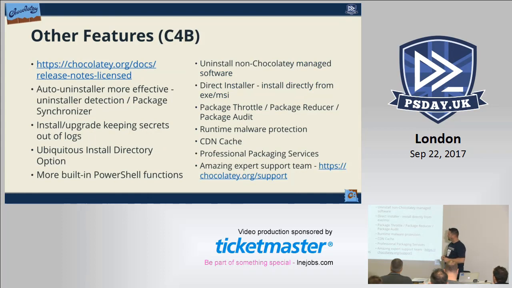We can also ensure that if we are pushing secrets through those parameters or arguments in Chocolatey for Business, those stay out of logs. And there's ways to do that in open source. It's just a little bit more difficult. Package Reducer is a big one. That actually keeps the state of Chocolatey's space usage down automatically for you. So that's pretty helpful. We'll just move on.